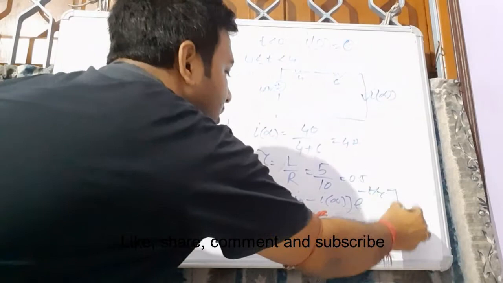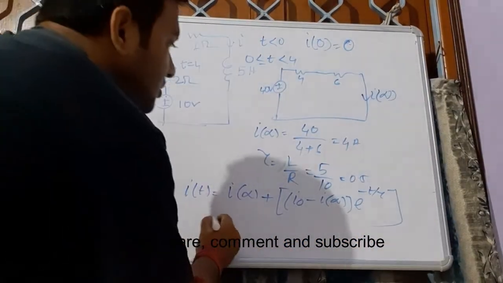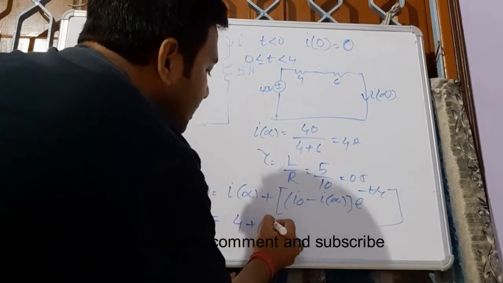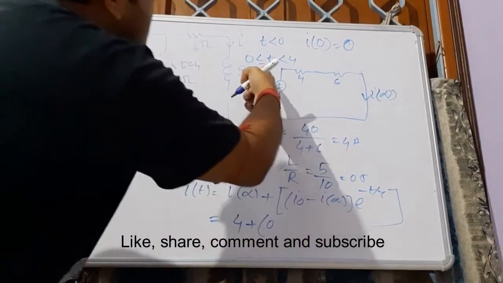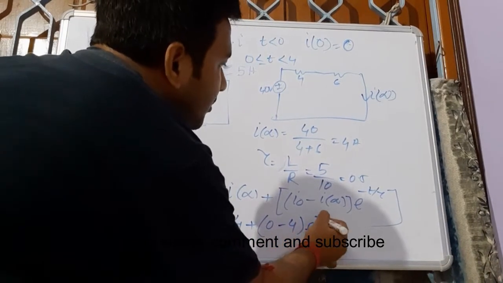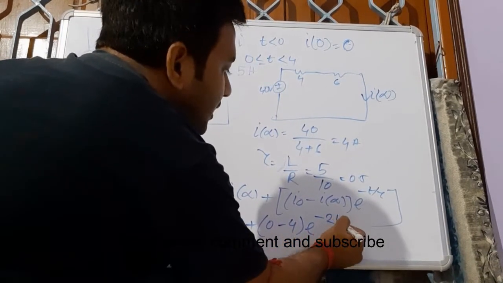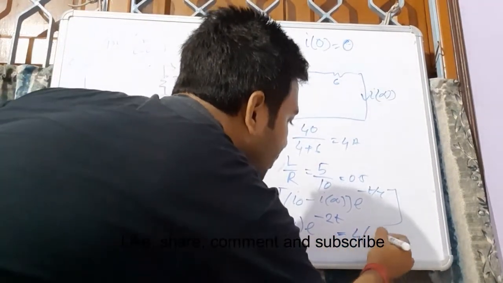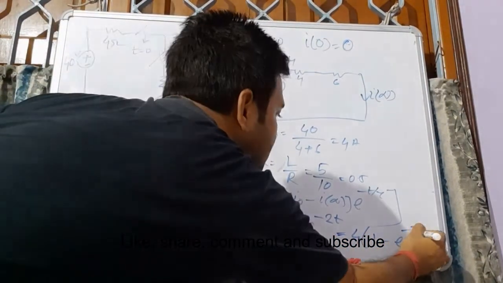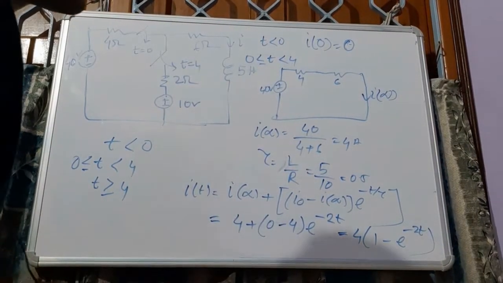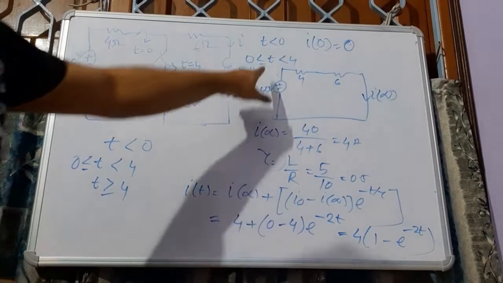So this will be 4 plus (0 minus 4) e to the power minus 2t. We take common 4, 1 minus e to the power minus 2t, right? This is for this instant.